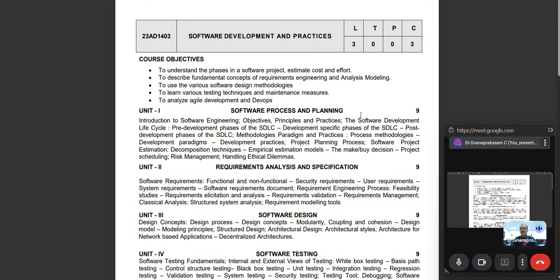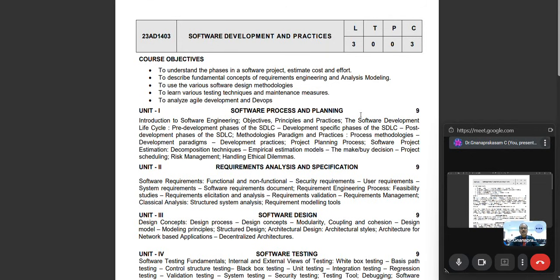Software requirements are categorized into functional and non-functional requirements, meaning technical and non-technical descriptions. In detail, what requirements are considered for the project and what are not, all those things are very important.